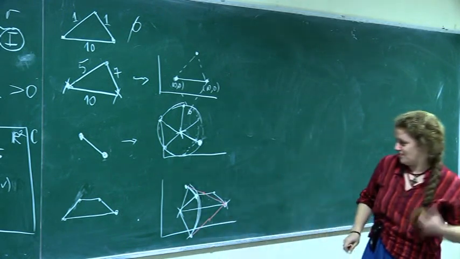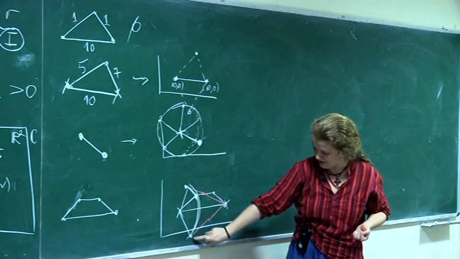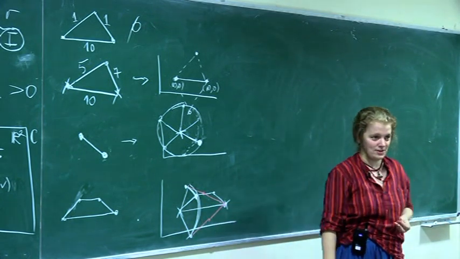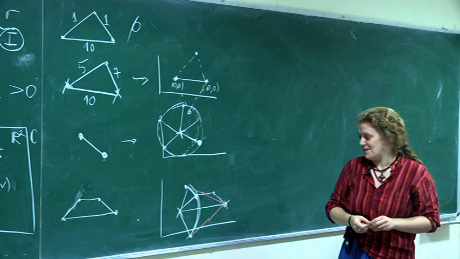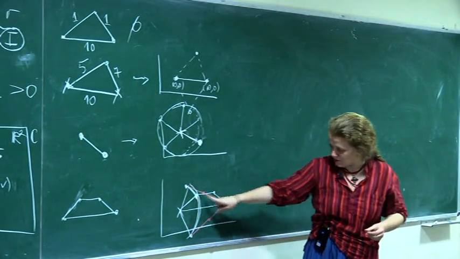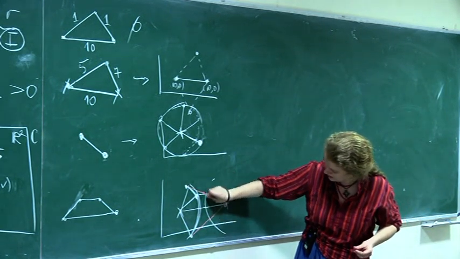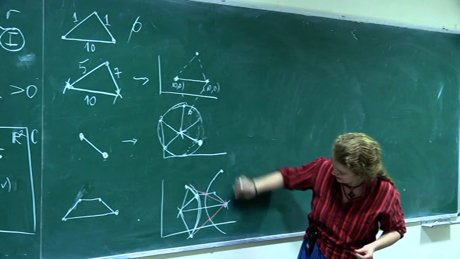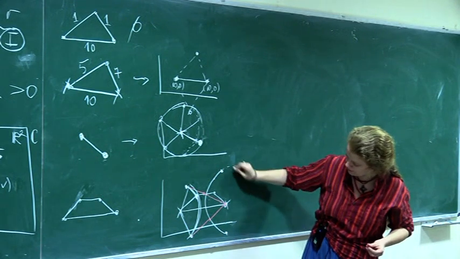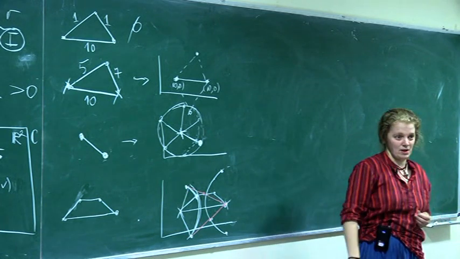So the set of all possible positions of this vertex is a segment. It may seem that the two configurations at the ends of the segment are in some sense special, but if we are interested not in this vertex but in this other vertex, we have the same kind of thing. We have a segment here, and from this point of view these two configurations do not have anything special.